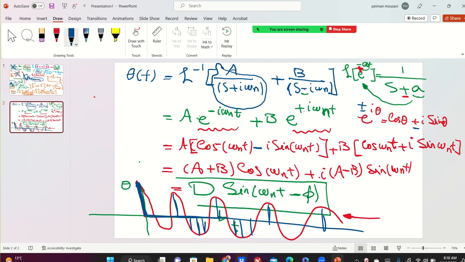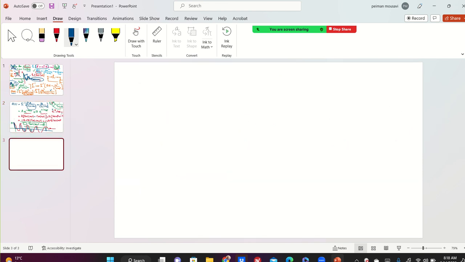Now let us experiment with this. Can I go to the next page? Can I experiment with this in MATLAB? So what I'm going to do in MATLAB is this: I'm going to say the pendulum starts from 0 and 0. Theta is 0 and 0. I'm going to model it. You see that if I don't apply any input to the system, it remains there at 0 and 0.